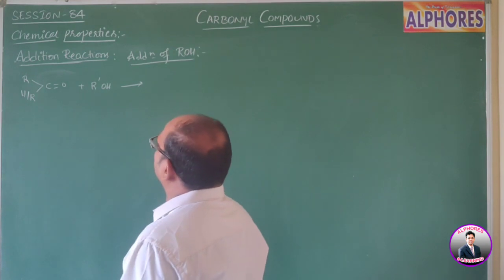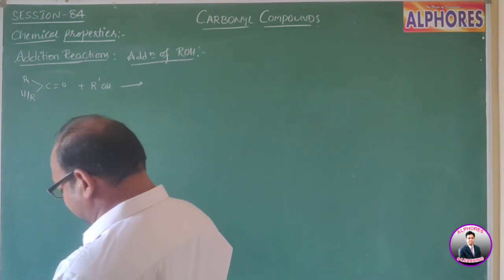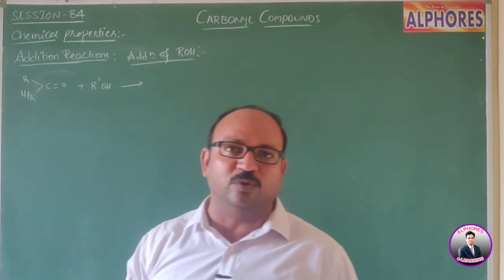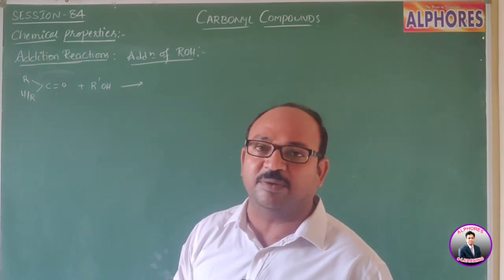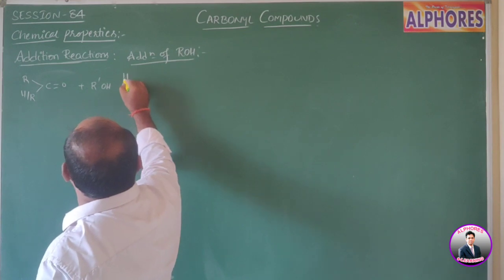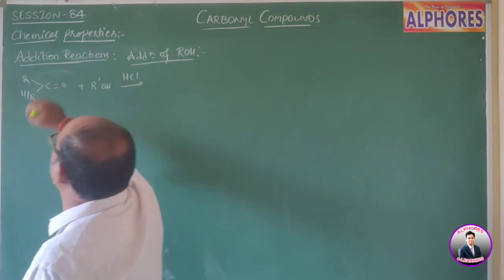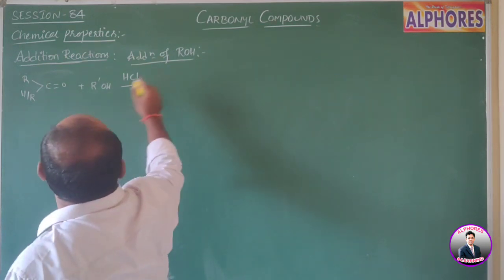This reaction generally takes place in the presence of acid, a mineral acid like HCl, and this H plus goes here and activates the carbonyl for the alcohol to attack the carbonyl carbon.